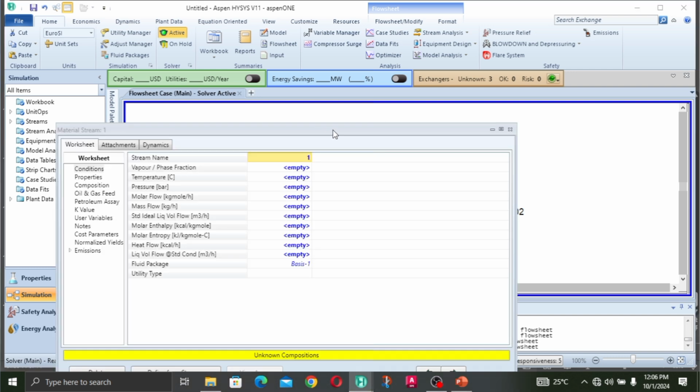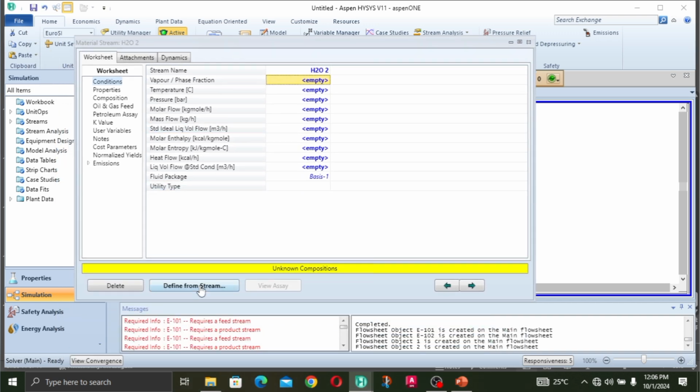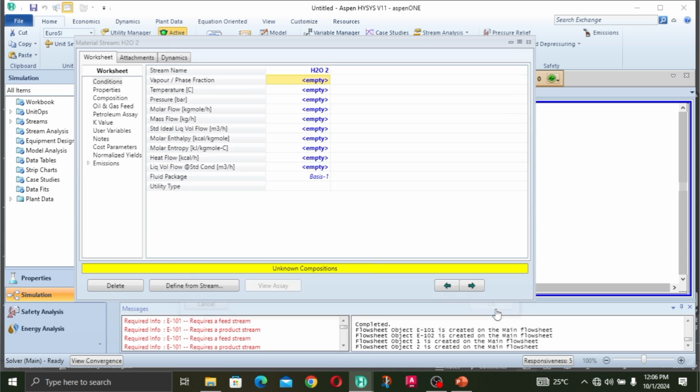Let's name this H2O2. And as usual, we're going to do our lazy, convenient thing of defining the stream. Let's use H2O1 to define it.